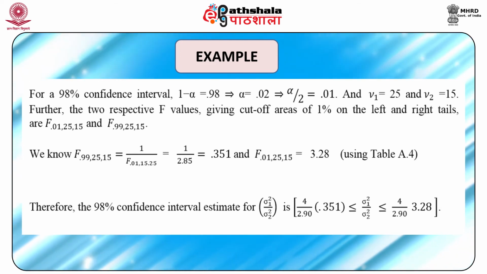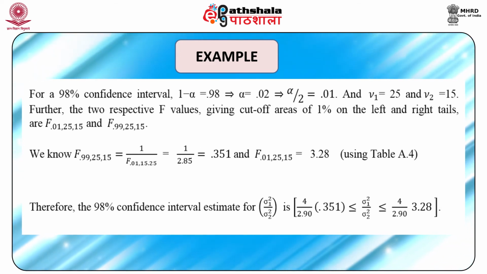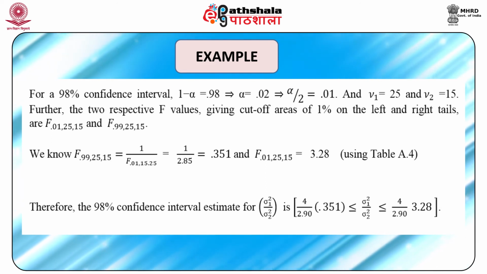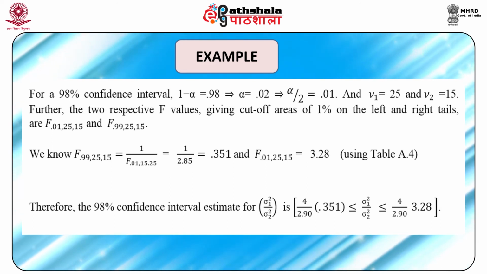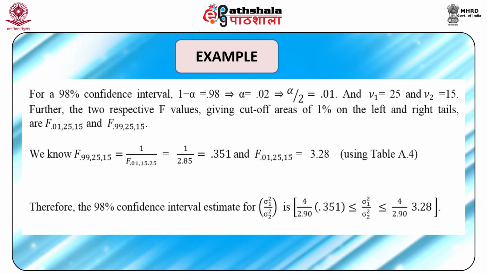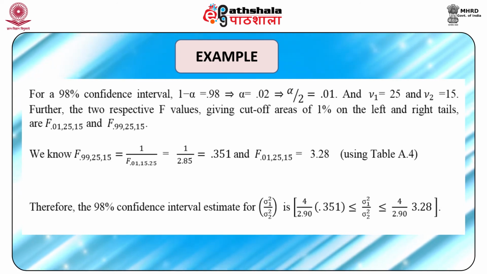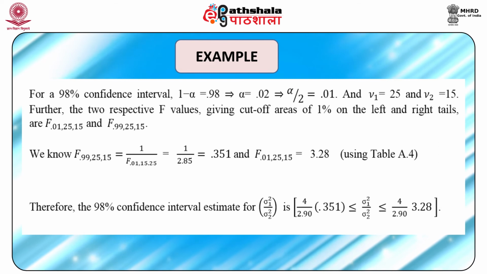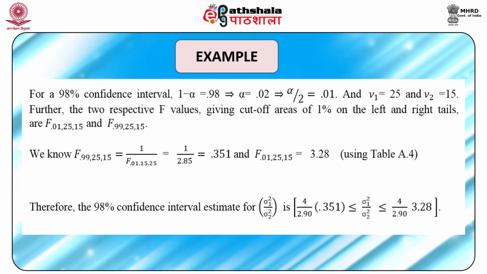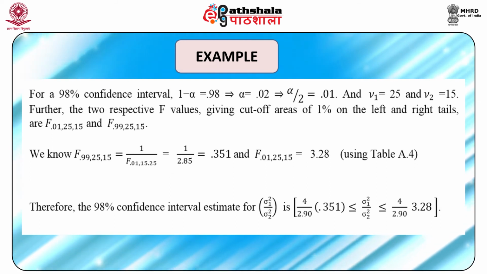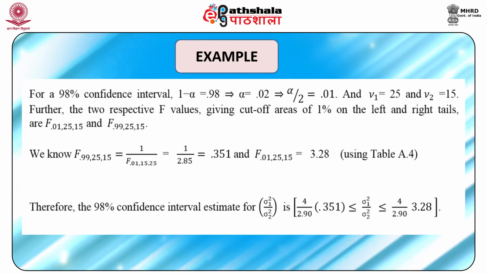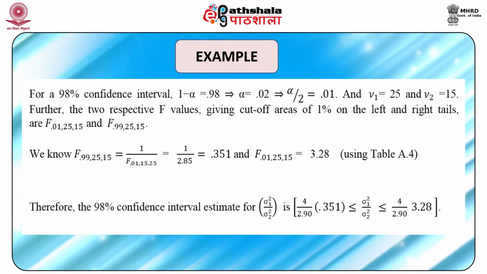Now we know that F 0.99 25 15 is equal to 1 upon F 0.01 15 25, which is equal to 1 upon 2.85 and therefore is equal to 0.351. And F 0.01 for 25 and 15 degrees of freedom is 3.28 using our tables.